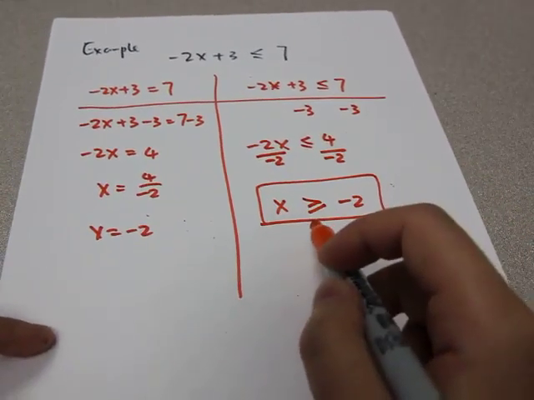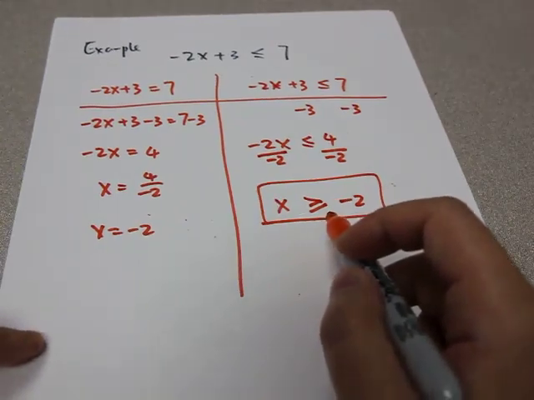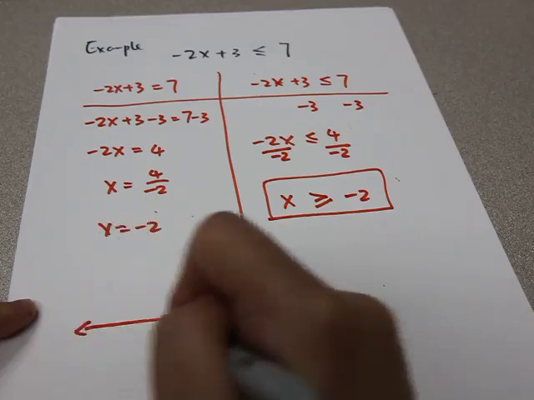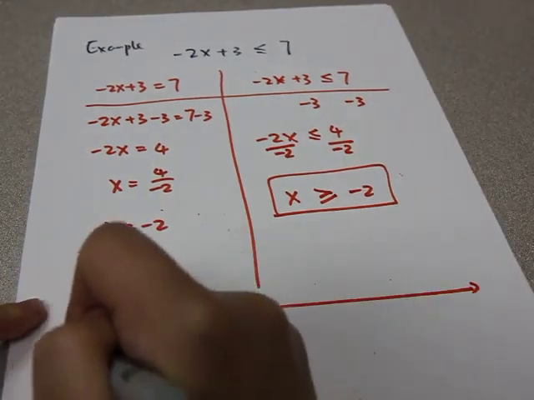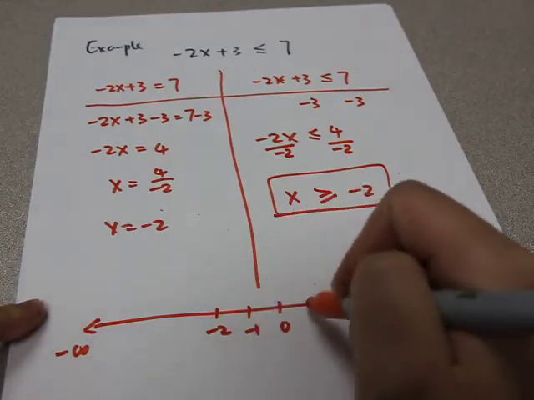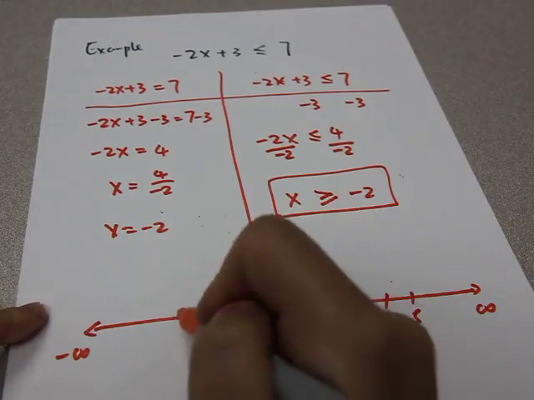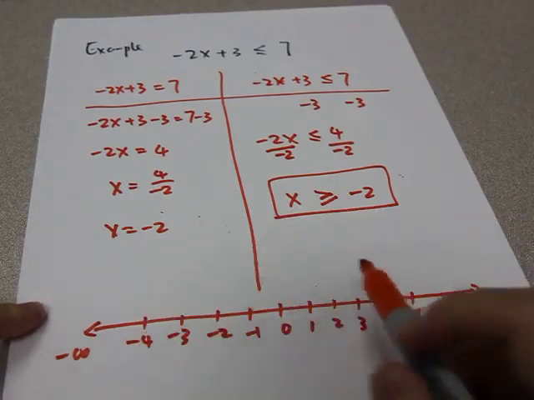Now let's think about how we can write the solution using interval notation. First, we need to graph the solution. Negative 2, negative 1, 0, 1, 2, 3, 4, 5, and put negative 3, negative 4 over here.